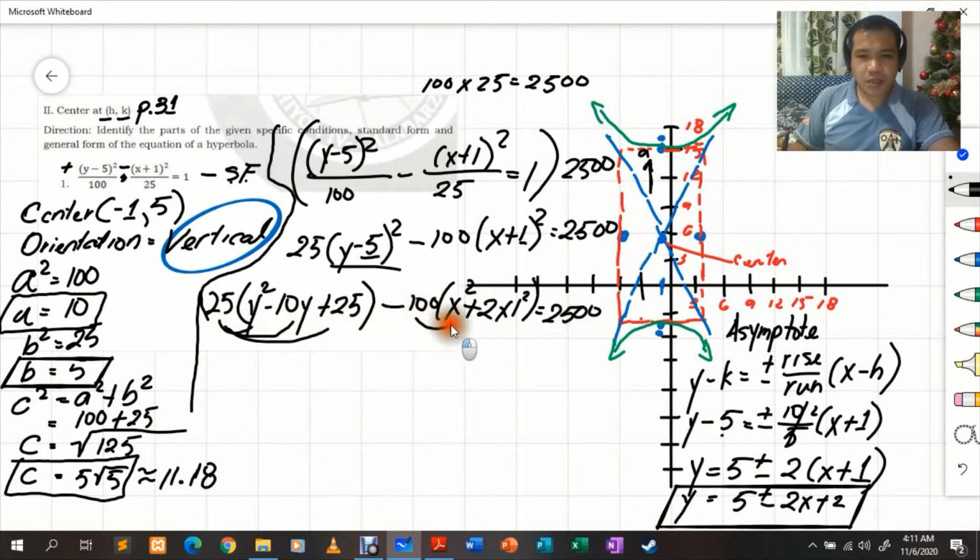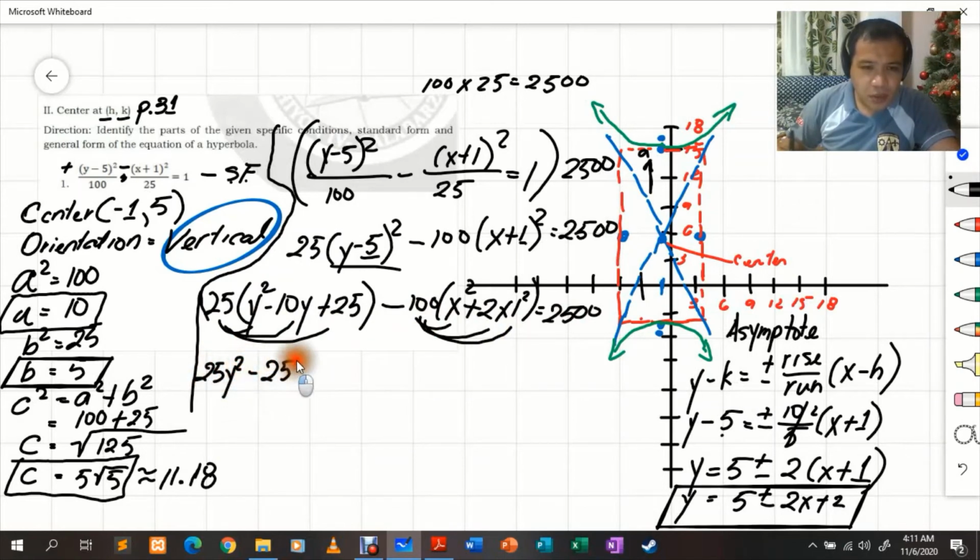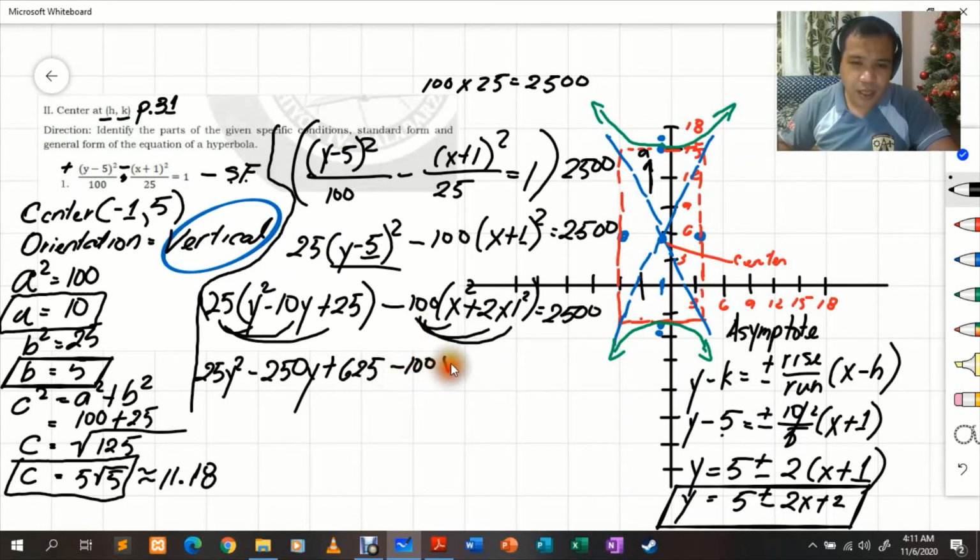Also with this one. Okay, so that will become 25y squared minus 250y plus 25 times 25 is 625, minus 100x squared minus ulit 200x minus 100.